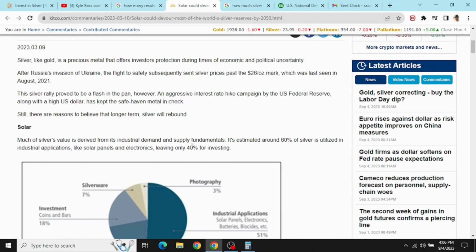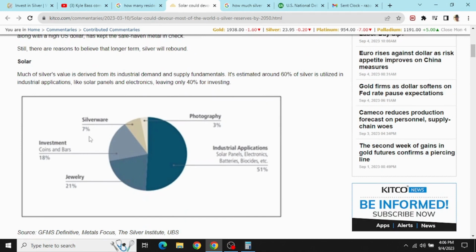And I don't even like that 40% investing, because if you look at the graph here, it includes silverware and jewelry. But I'm a stacker. I don't stack silverware and I don't stack jewelry. So to me, they're not considered an investment, even though they probably are, and some people might want to argue that. But I think investing or stacking coins and bars is the way to go.